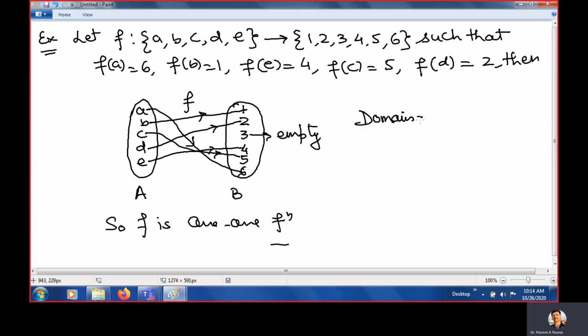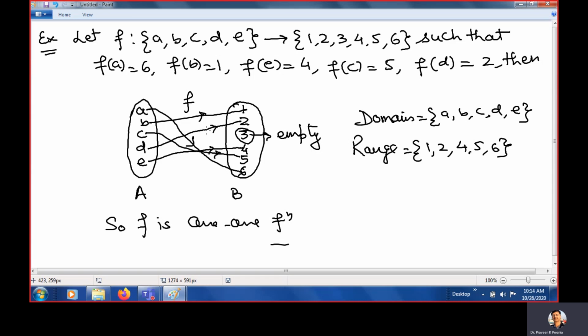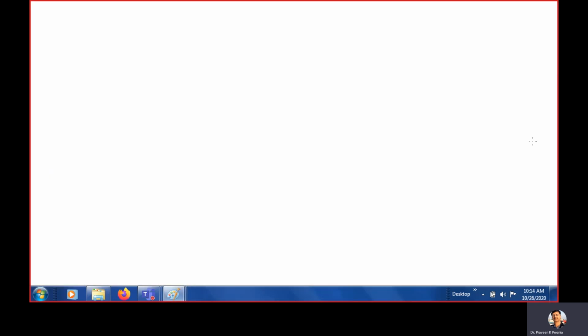The domain here is A, B, C, D and E. And what is the range here? Range here is 1, 2, 4, 5 and 6. 3 is not included in range. Why? Because 3 is not the image of any element. 3 is an empty element.